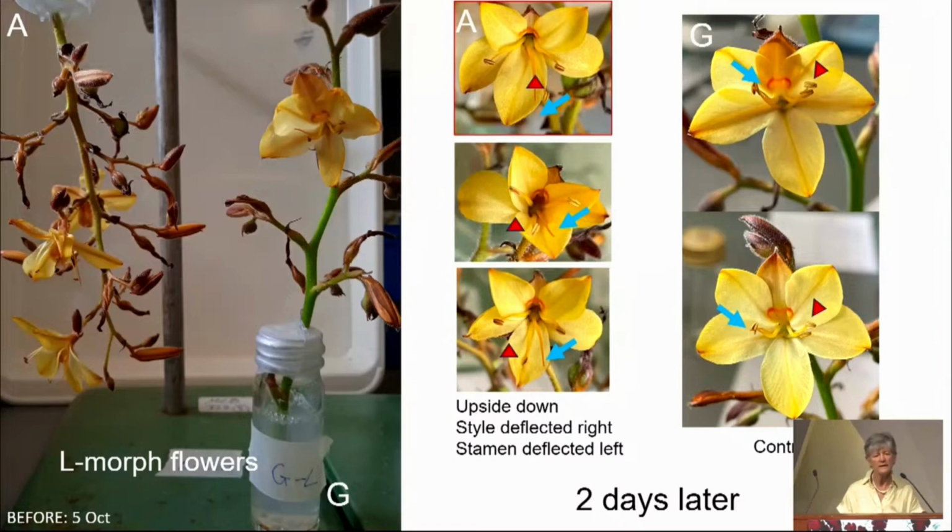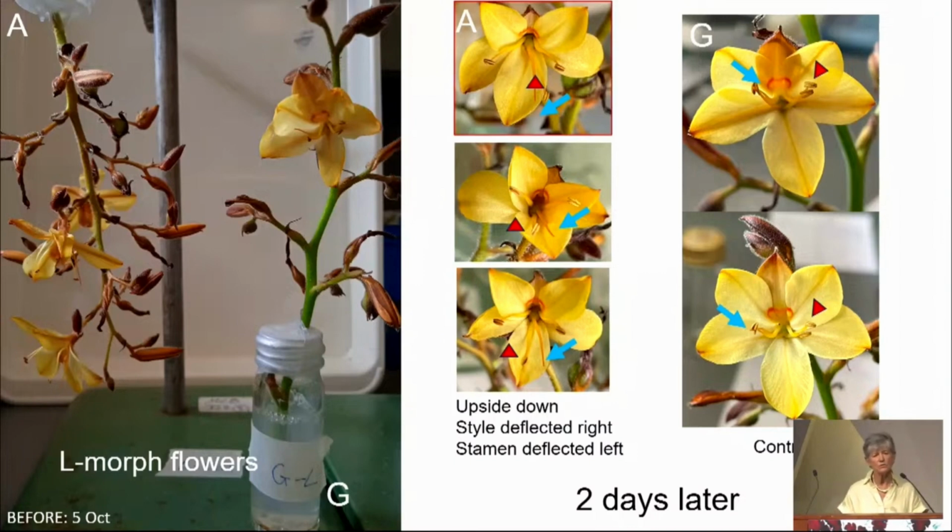The little red triangles show where the opposing stamen is, and the blue arrows show where the style is. So this was an L-morph inflorescence. And then in that column labeled A, you can see the blue arrows, instead of being, it should be upside down, so it should be on the other side, but in fact, it stayed where it should be. Okay, so that seems to be holding.